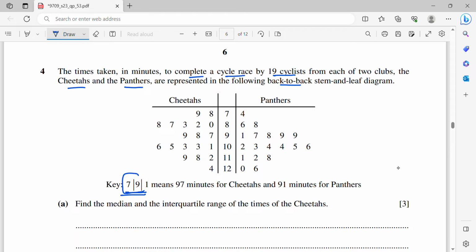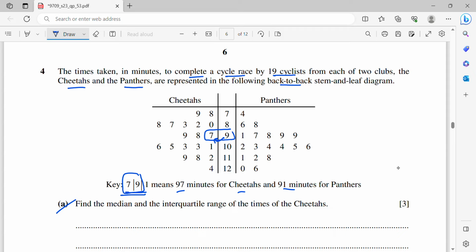So if 7|9, which is here, it means 97 minutes. 9|1 means that it is 91 minutes. Now the first one is for cheetahs and the second one is for panthers.